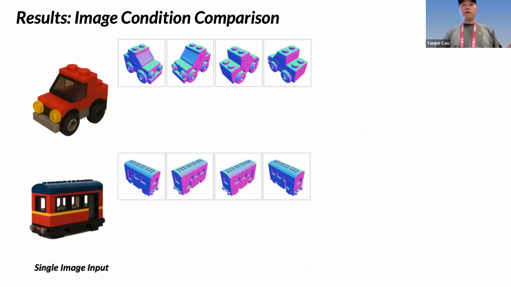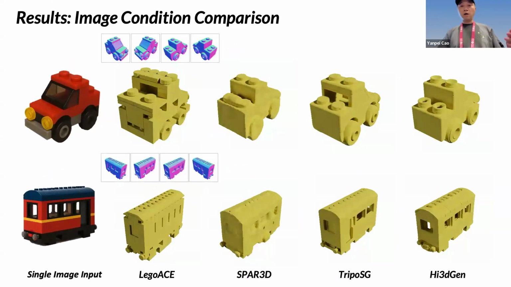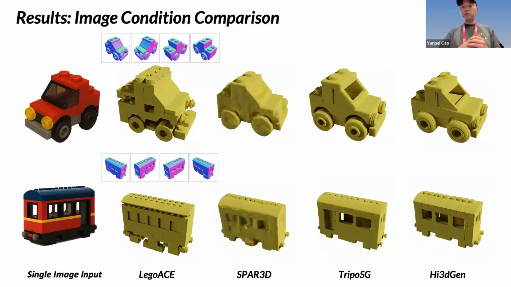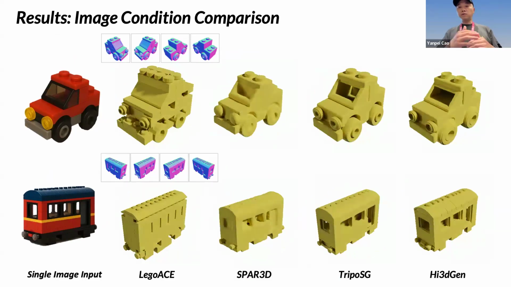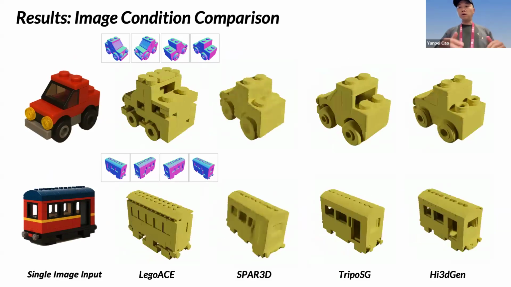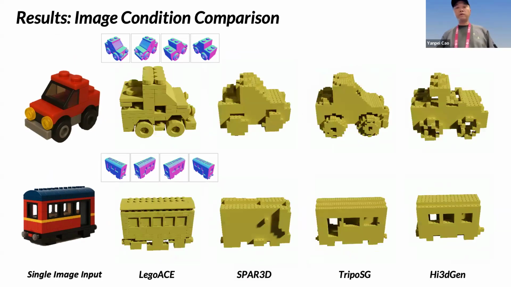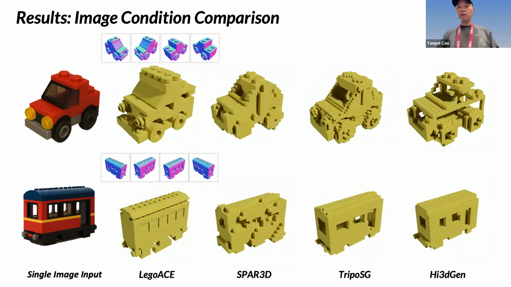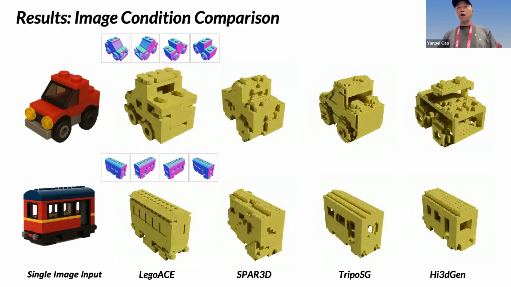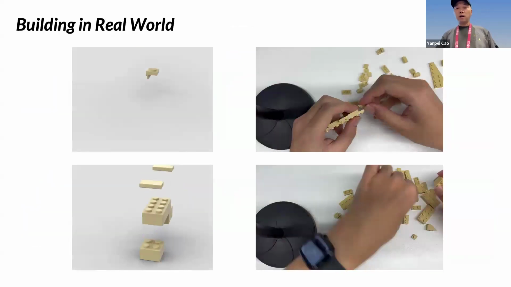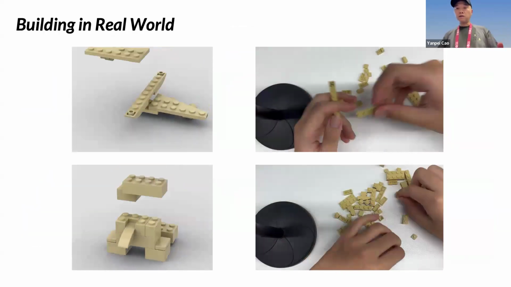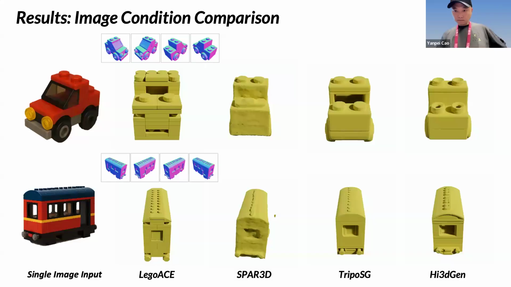And we also compare LEGOverse to general image-to-3D models. While those models can capture the overall shape, they produce a mesh. Then when you try to, say, Legolize those meshes, you lose all the structural integrity, resulting in a disconnected mess.